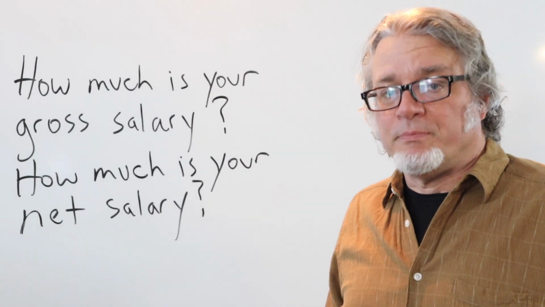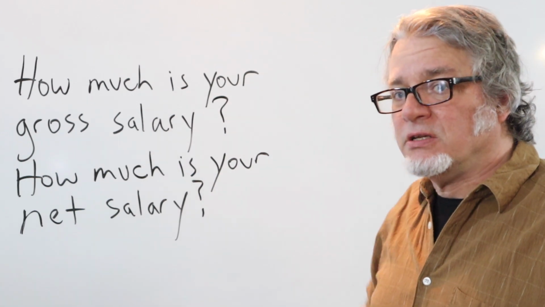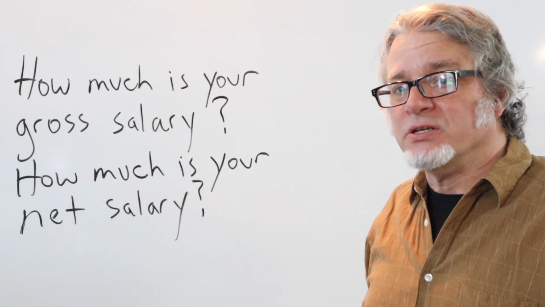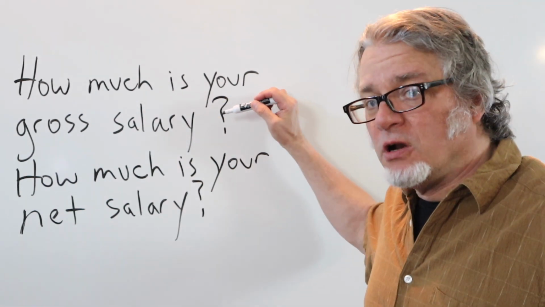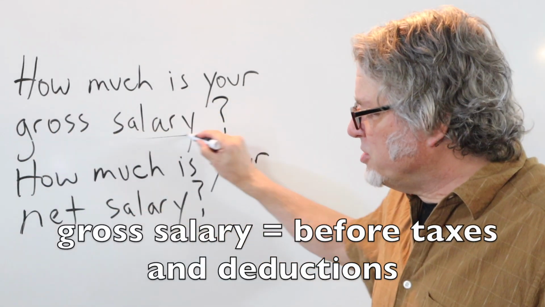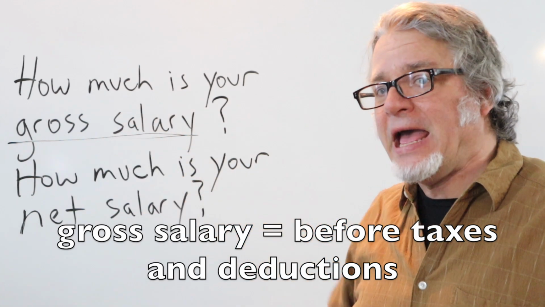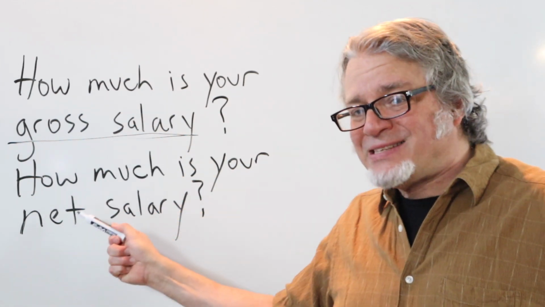When asking about a person's salary, this question takes into consideration taxes or deductions from a person's paycheck. How much is your gross salary? So this is going to be the large amount before taxes and deductions. How much is your net salary?